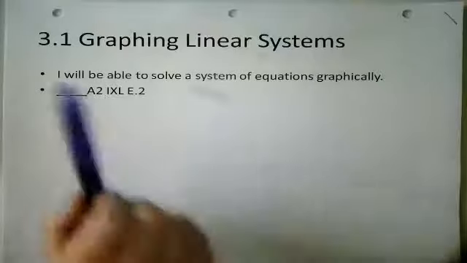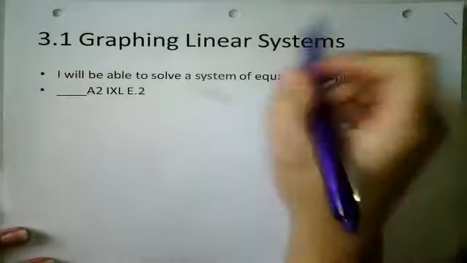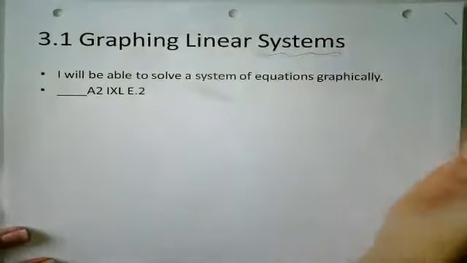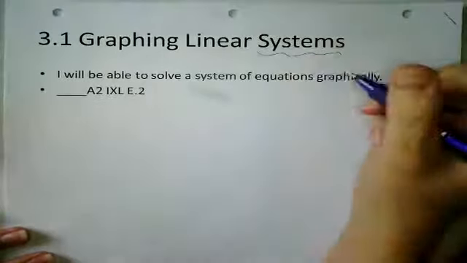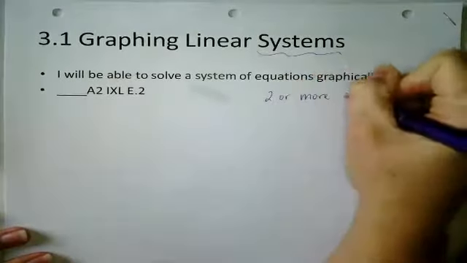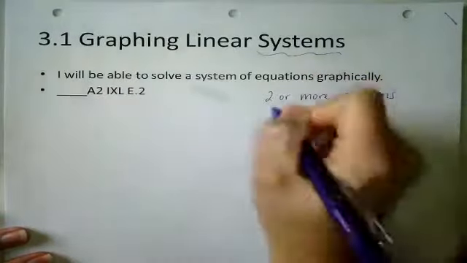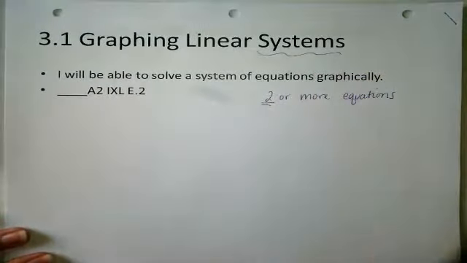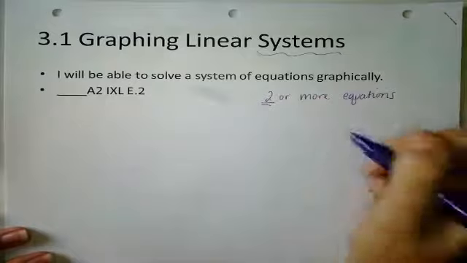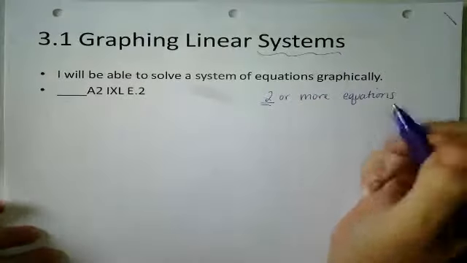This is lesson 3.1, graphing linear systems. So we are solving a system of equations, and a system of equations is where we have more than one. There are two or more equations. For us, we're just going to focus on two equations, and we are looking for where the equations intersect.